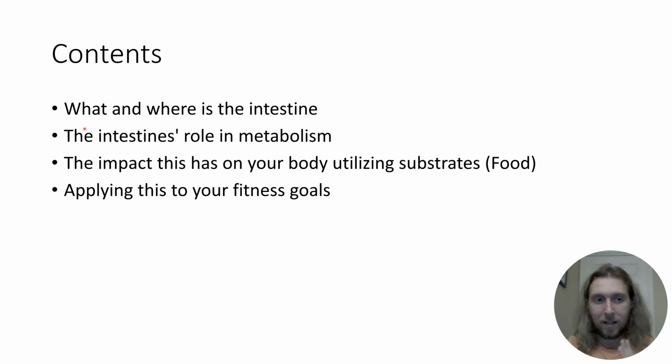The first slide is what the intestine is, what it does, what its roles are, and where it's situated in the body. Then we will move on to the intestine's role in metabolism, so some of the processes the intestines go through after you have consumed a meal. Once we've looked at those processes, we will look at the impact this has on your body utilizing substrates.